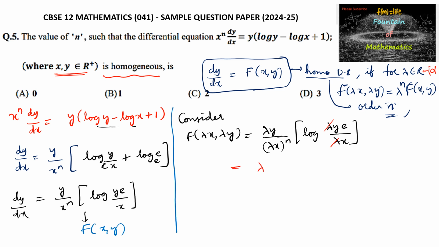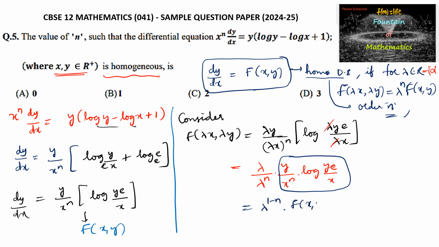So we can write lambda divided by lambda to the power n into y divided by x to the power n into log of y e divided by x, which is considered as f of x comma y. So lambda to the power of 1 minus n f of x comma y. We got f of lambda x comma lambda y is equal to lambda to the power of 1 minus n of f of x comma y.